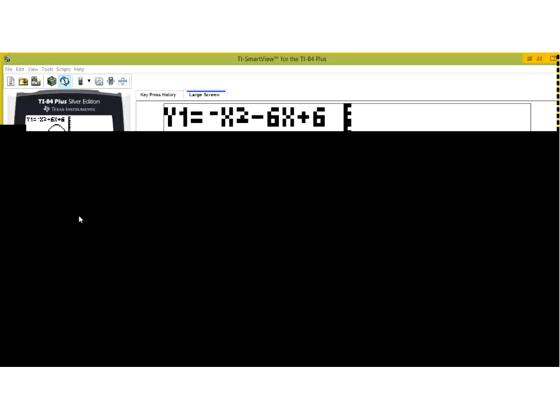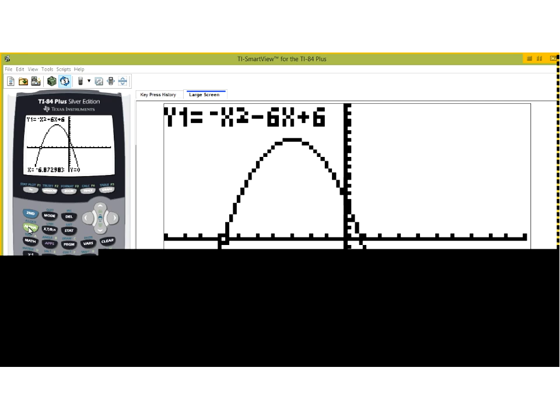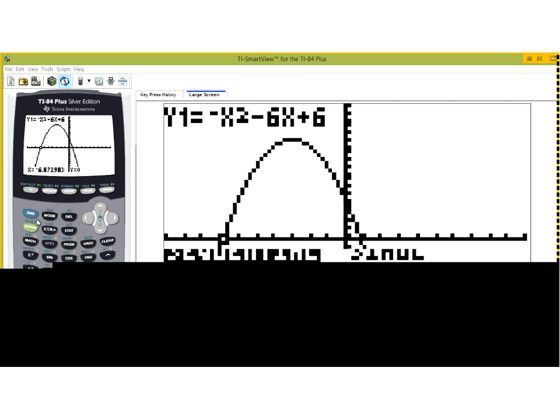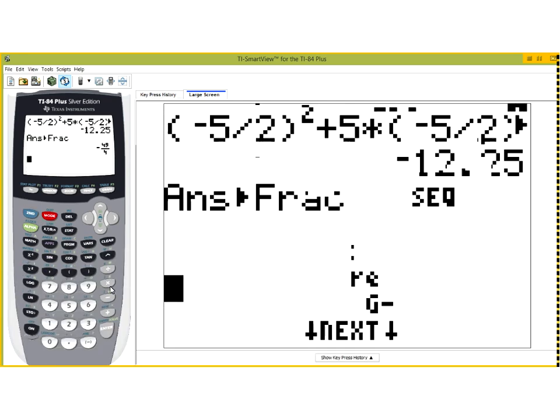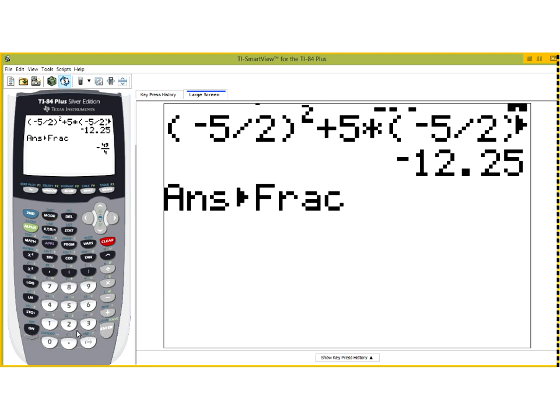So we need to know the k part of the vertex. So I'm going to go to my home screen. Okay.